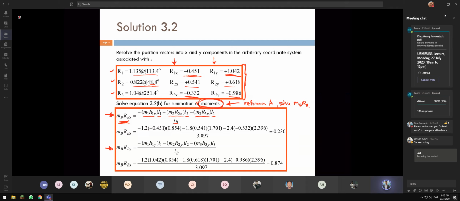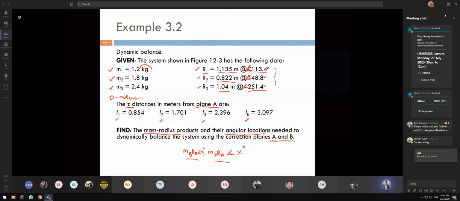Okay, so this is how we get the MB RB x. We just substitute the mass, radius, and the distance for each component. So this is to solve the x component, and we'll get 0.230. The unit, because it's M RB, is kilogram meter, if you want to write the unit, because we are using kilograms and meters to solve.